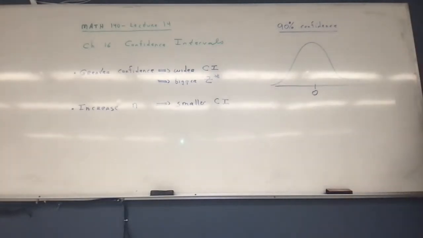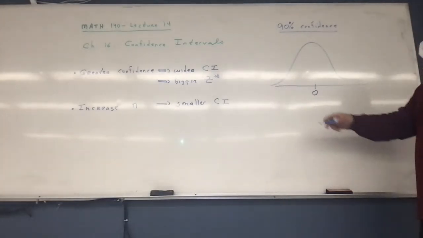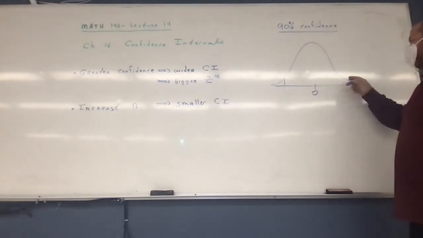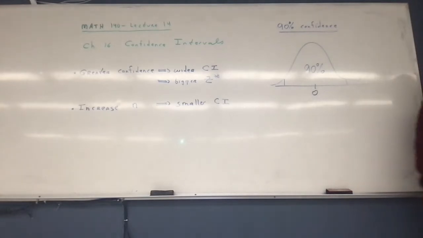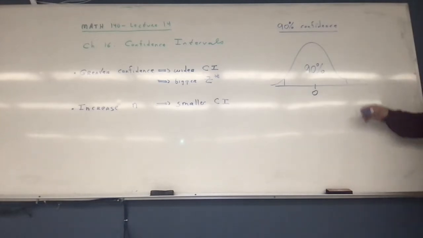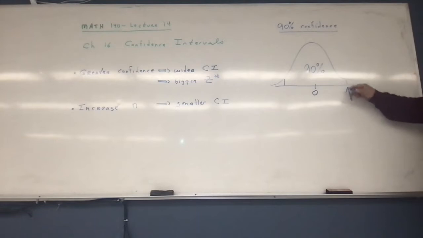If I want 90% confidence, I want you to imagine cutting off 90% of the data in the center. What is this number right here?